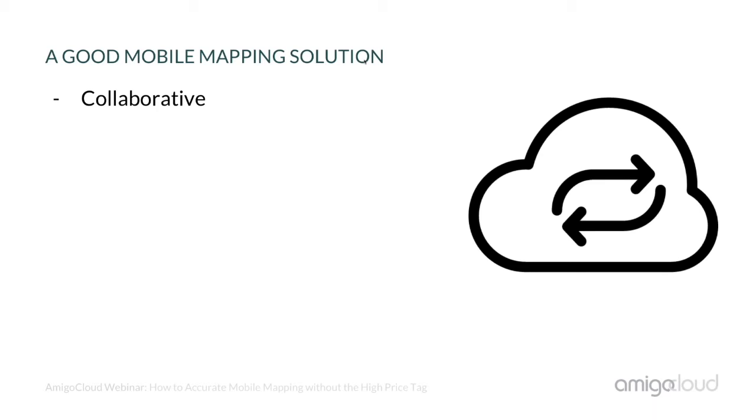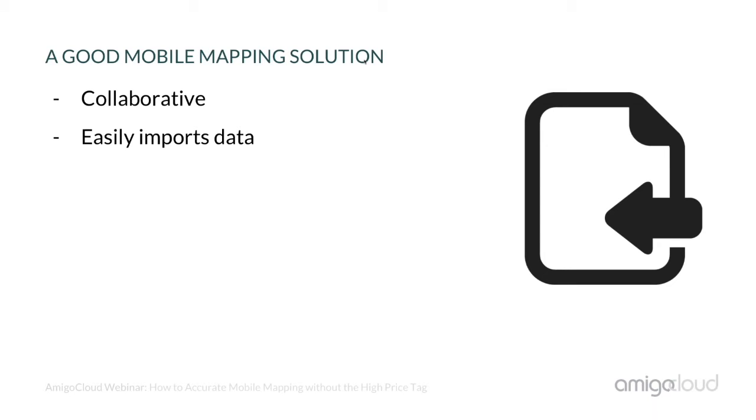Think about it a little bit like photo sharing with Facebook or file sharing with Dropbox, how all that collaborative nature is actually enabled through cloud services, right? So the same is true for collaborative mobile mapping, right? You need to have some way to combine these things.